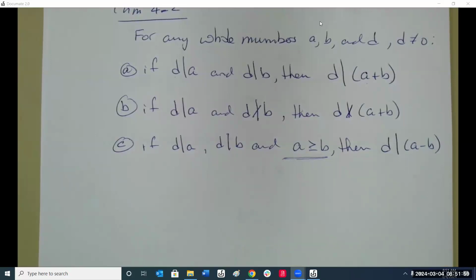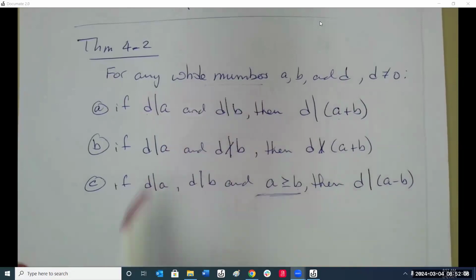Yeah, because it has to be greater than or equal to 0. If B is bigger than A, then we'll have a negative number, and that's not in our whole number system, because we're talking about whole numbers only.